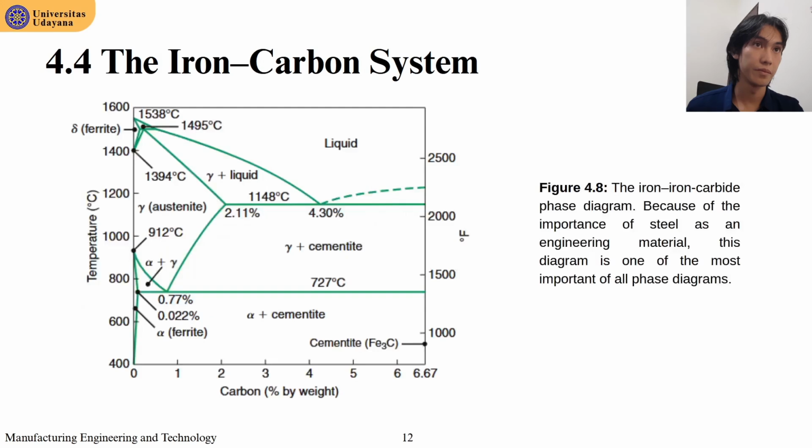Okay, next slide is Fe-Fe3C phase diagram. The Fe-Fe3C diagram is central for predicting steel microstructure and transformation. You can see on Figure 4.8.